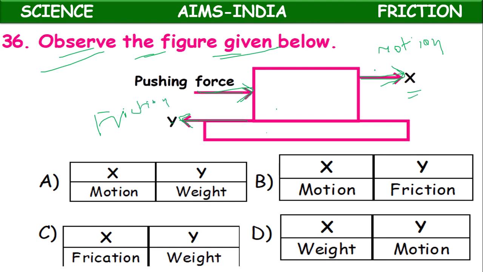So X represents motion, Y represents friction. X motion, Y weight, wrong. X motion, Y friction, correct. X friction, Y weight, wrong. X weight, Y motion, wrong. So B option is correct.